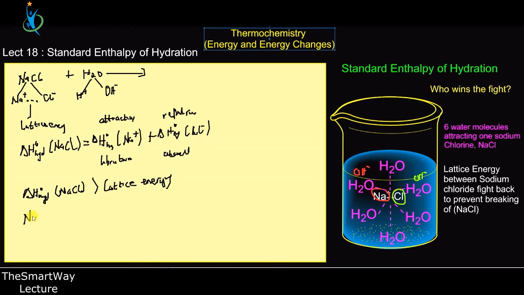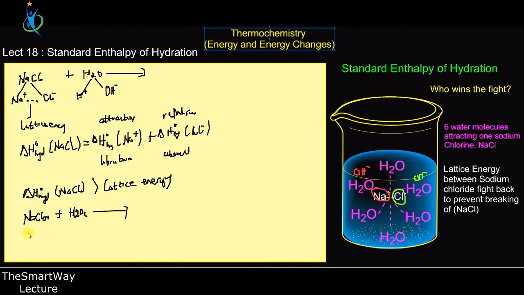So if you want to write the equation for the reaction, I'm going to get the sodium chloride salt plus the water, which is a liquid. So there is what we call the interaction energy taking place.